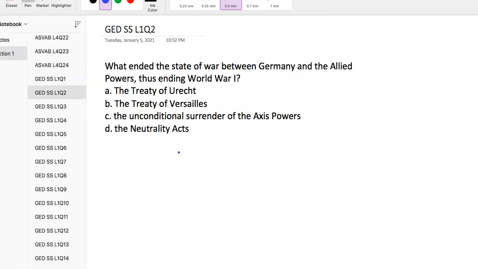Jumping ahead to the second one. What ended the state of war between Germany and the Allied powers, thus ending World War I? Okay, so we want to be familiar with the Treaty of Versailles. That's a big moment in history, and that treaty is what ended World War I. The treaty blamed Germany for the war.